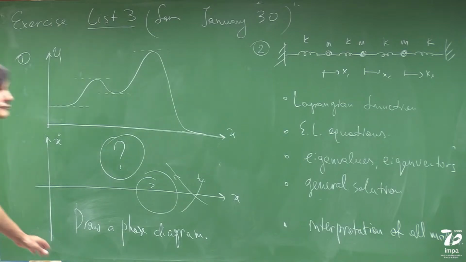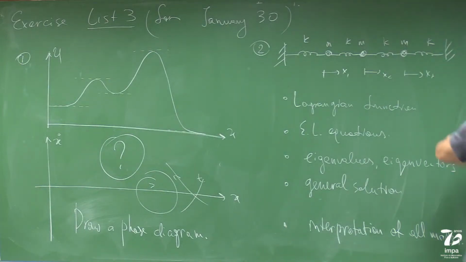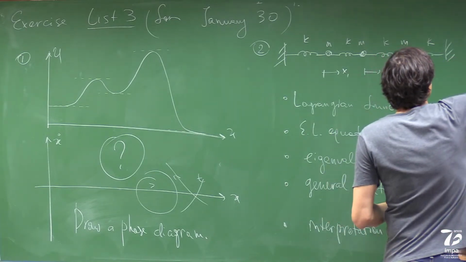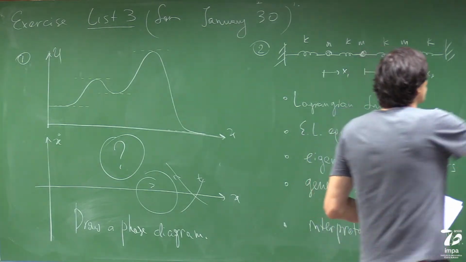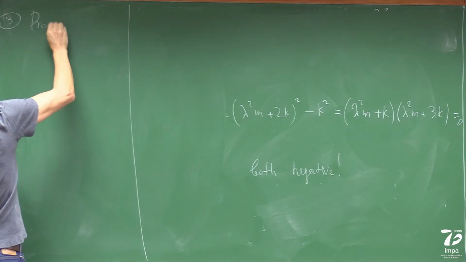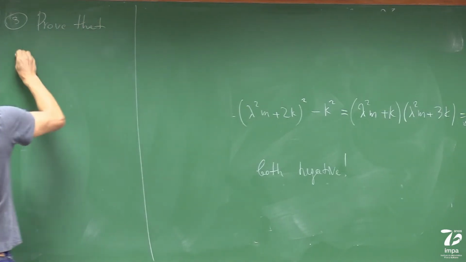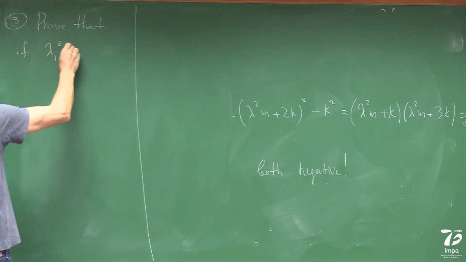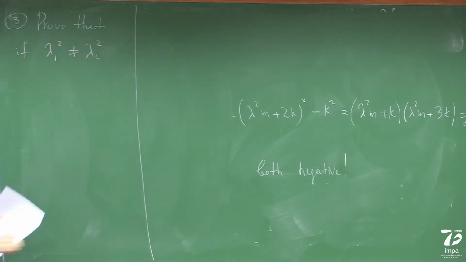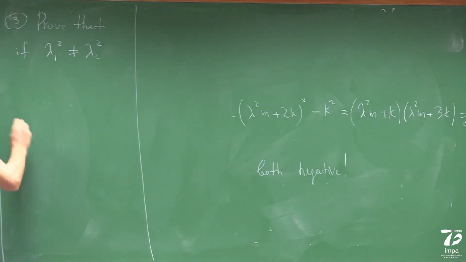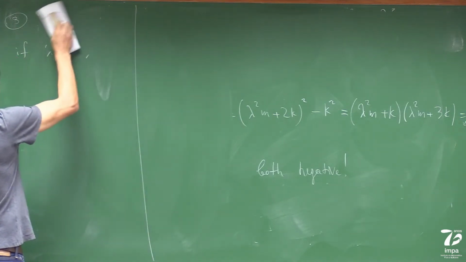didn't enter, I put it here. The third is to prove that if the two eigenvalues are different... No, let's see, let's make it a complete formulation.